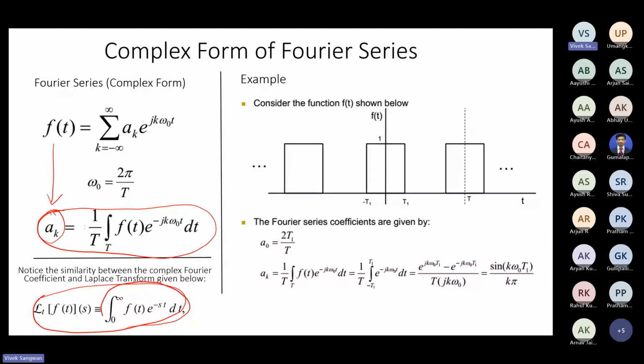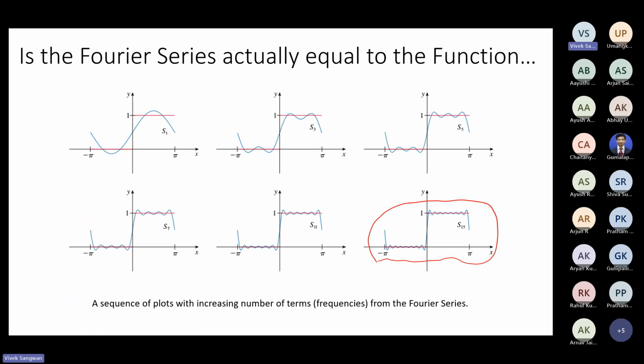If you compare the formula of the coefficients with the formula of the Laplace transform, they have quite a bit of similarity. And indeed, this comes from the same place. Then there is a worked out example that is straightforward. You can work it out yourself.